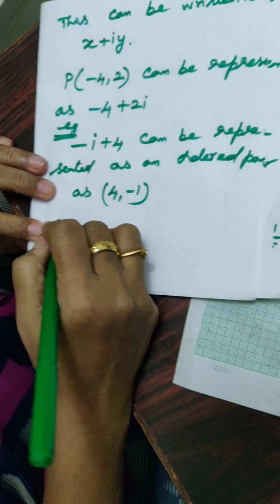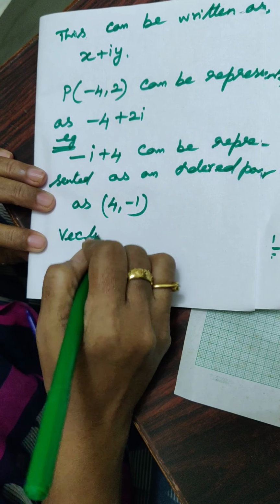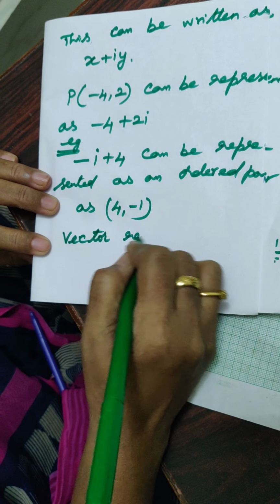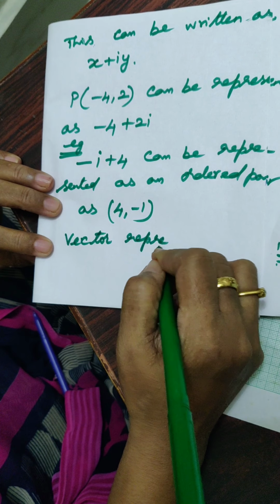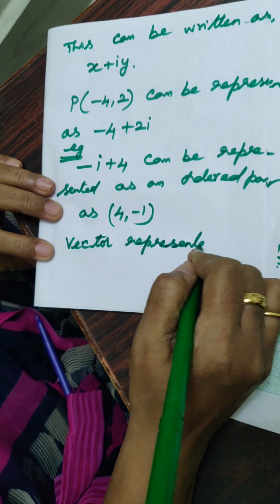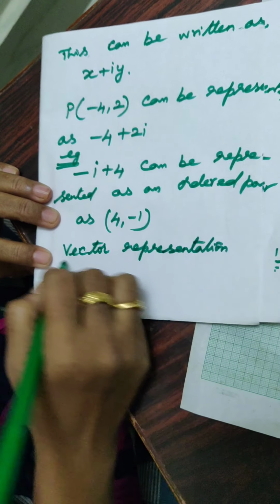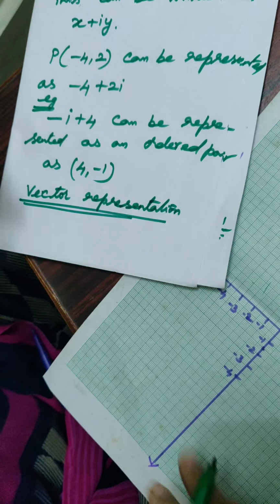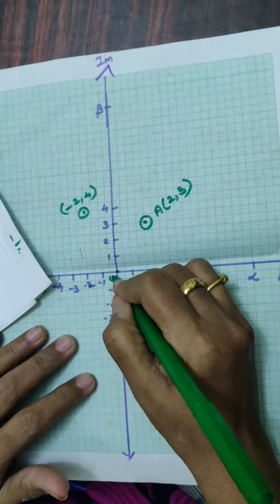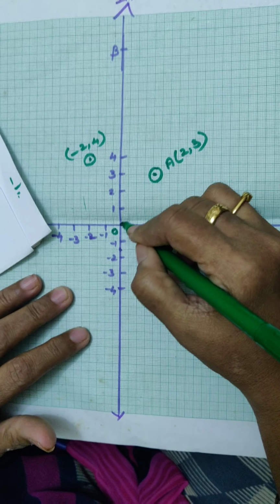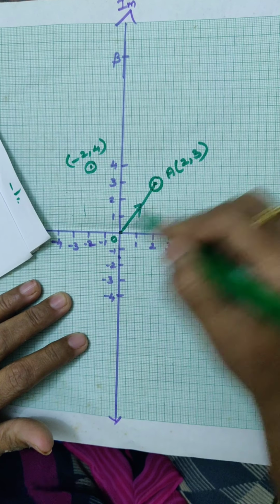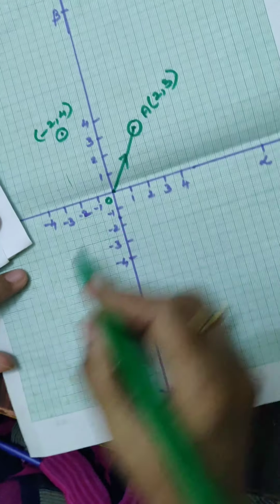Now the third part is the vector representation of a complex number. Vector representation means vectorial representation of the complex number. See, here is the point 0. I am going to draw a line from the origin.